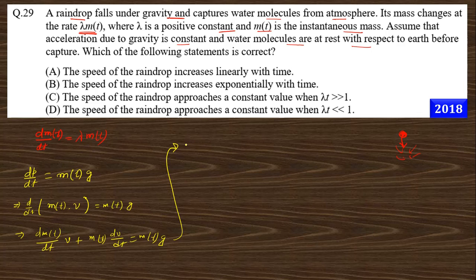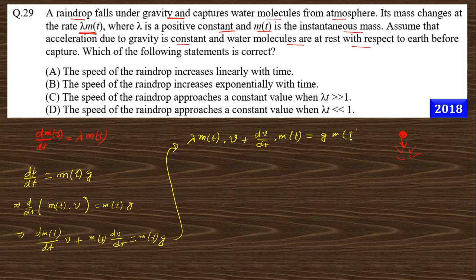So this can be written as lambda m(t) into v plus dv/dt into m(t) equals g into m(t).